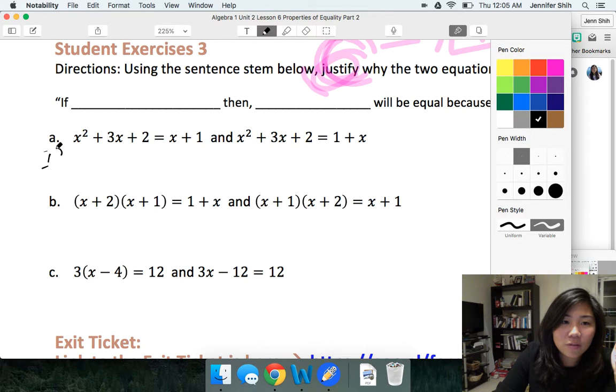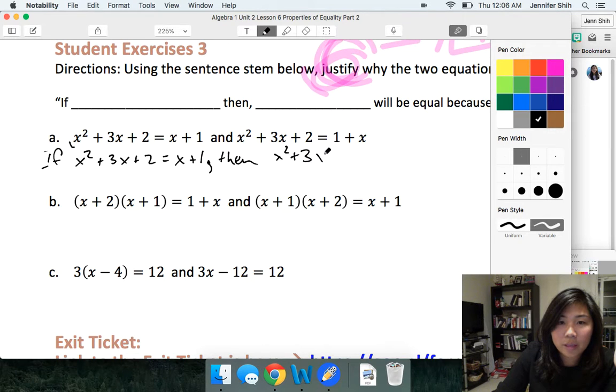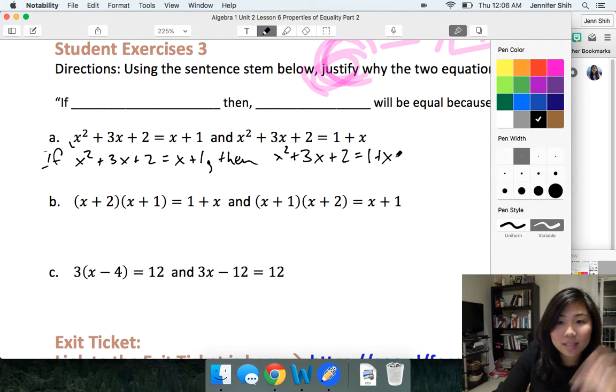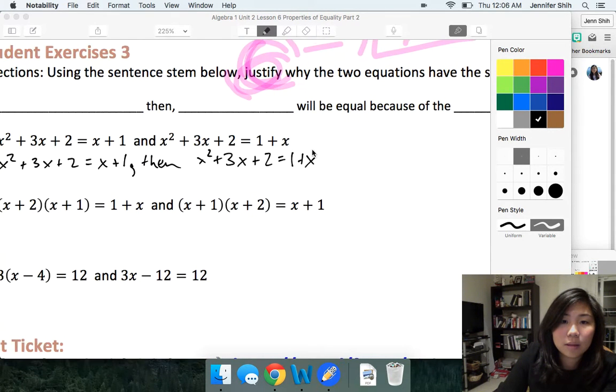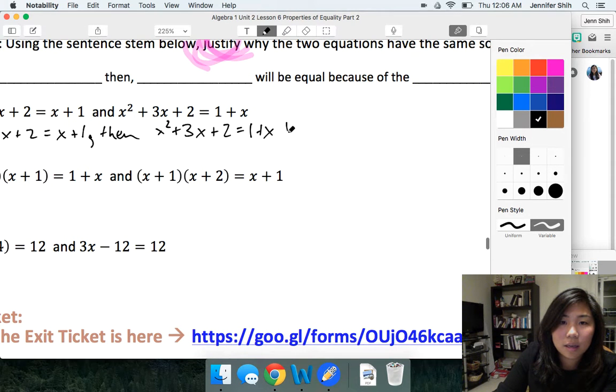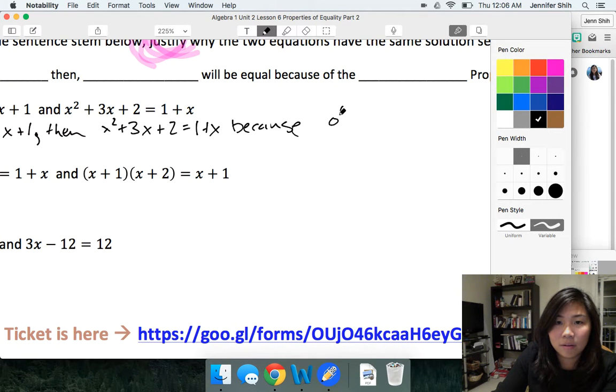You say if, and then you copy down this first equation. If x squared plus 3x plus 2 is equal to x plus 1, then, comma, then x squared plus 3x plus 2 equals 1 plus x, because, and you have to decide which property it is.